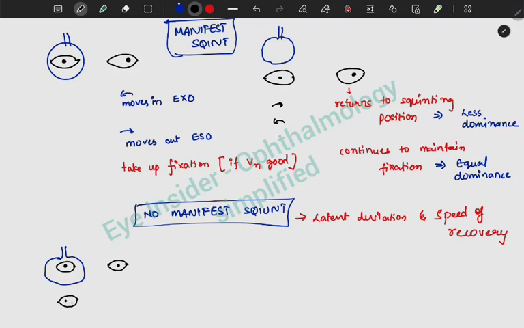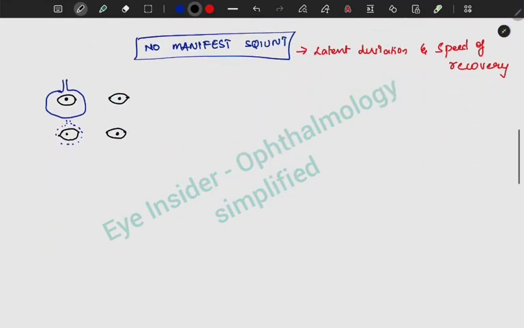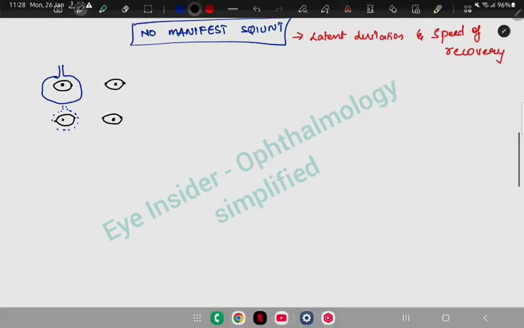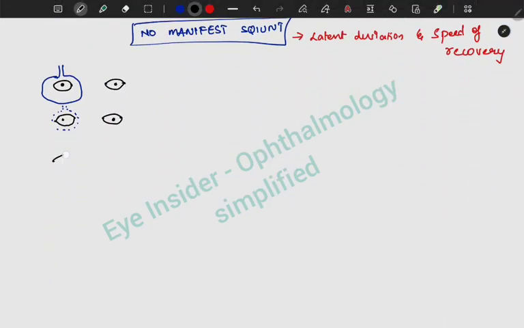When we remove this cover, it will go back to its normal position. That is known as recovery movement, and the speed with which it comes back to its normal position reveals the speed of recovery of that eye.